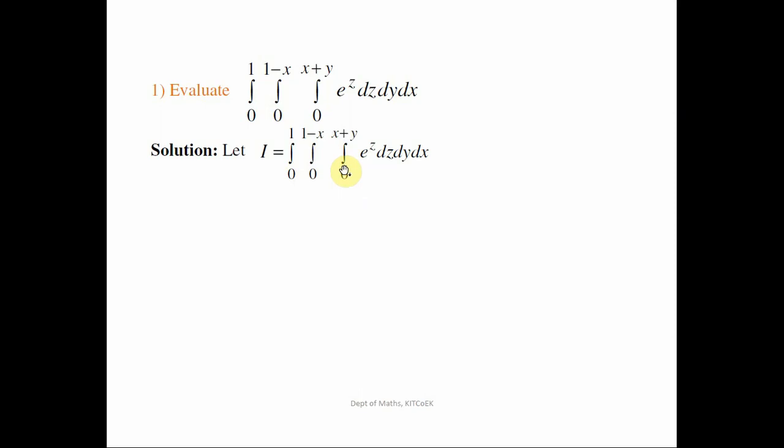Hence, we need to integrate with respect to z first, keeping x and y constant between these limits. So the integral which we have to evaluate first is integration 0 to x plus y e raised to z dz, keeping x and y constant.